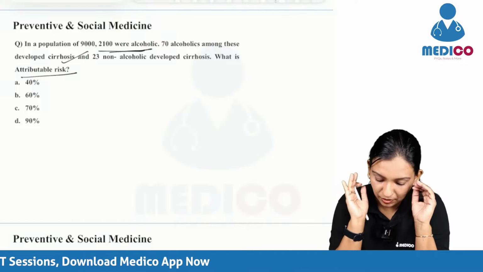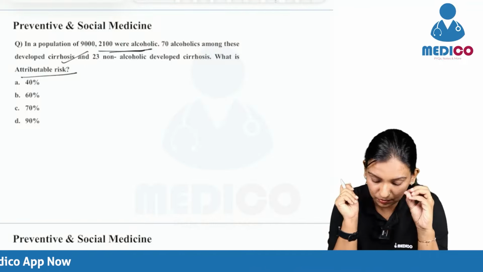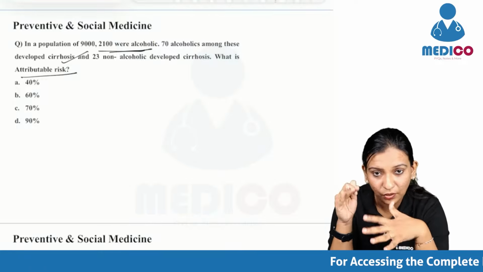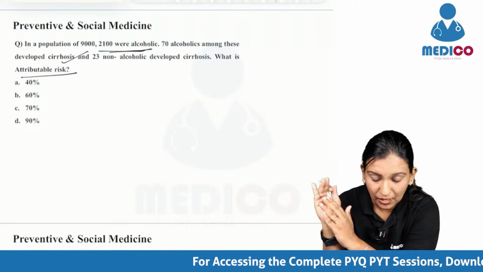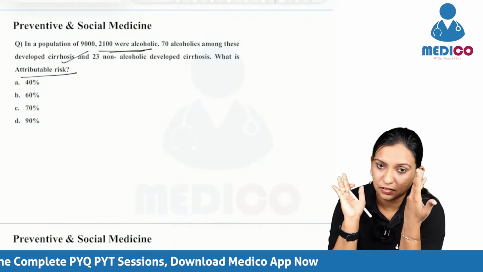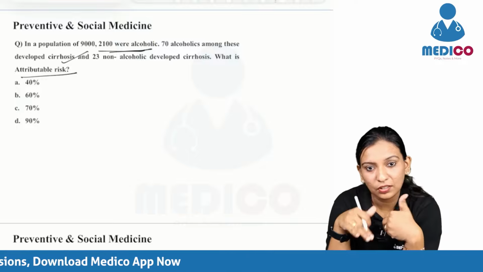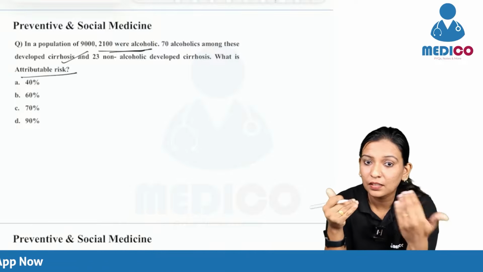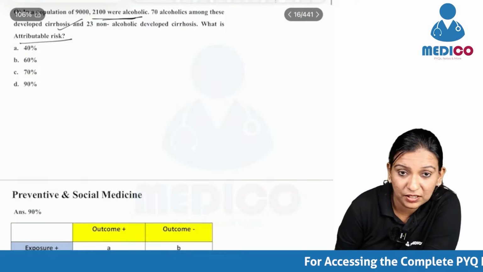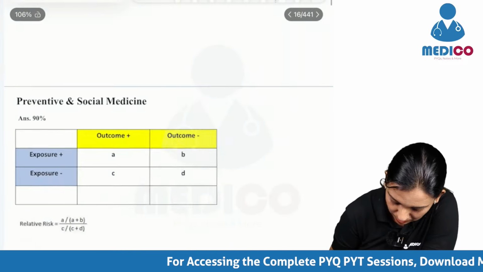You had a big population, out of them a major chunk, that is 2,100, were alcoholic, and the rest of them were non-alcoholic. Then you follow them up and see who developed cirrhosis, whether it is more in those who had the risk factor or those who did not have it. So here they have asked you to find out the attributable risk.